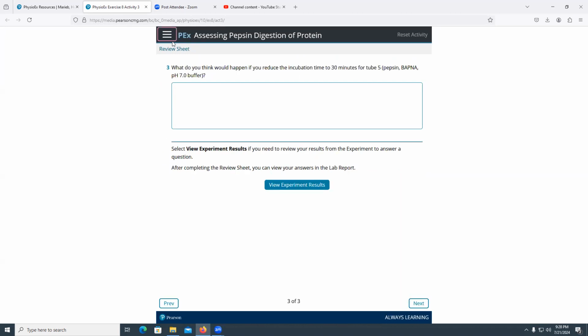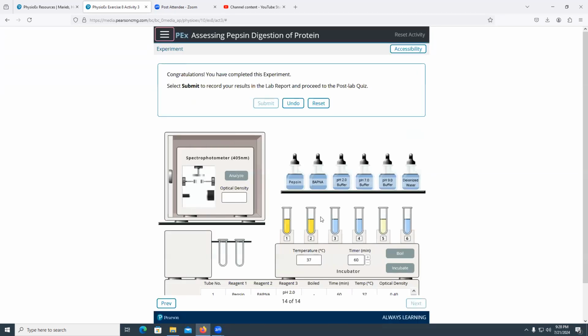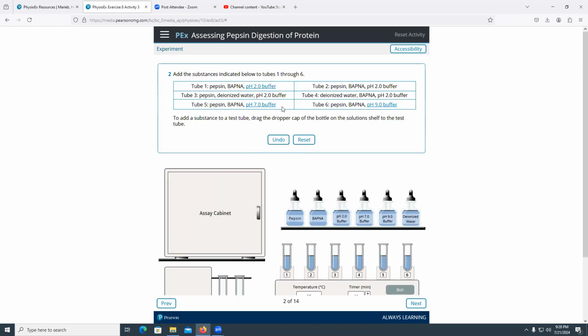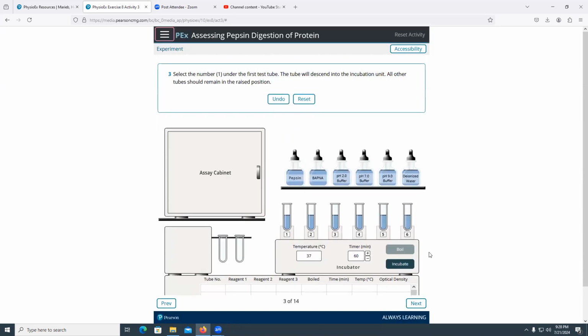Okay, let's see if we can do the boiling one more time. Pepsin. Okay, so now let's go do our boiling. Select the number 1 under the test tube.